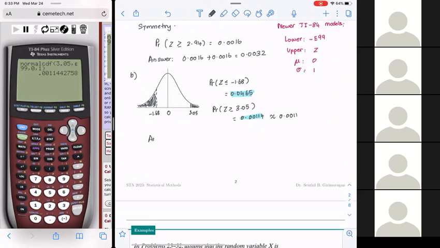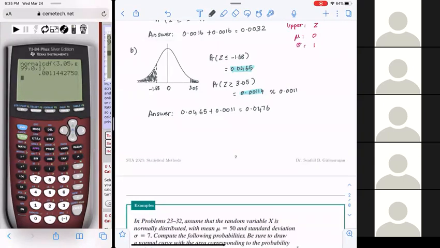So the final answer is 0.0576. So before we proceed, the answer to the previous one is 0.0476. It's just bad addition on my part.